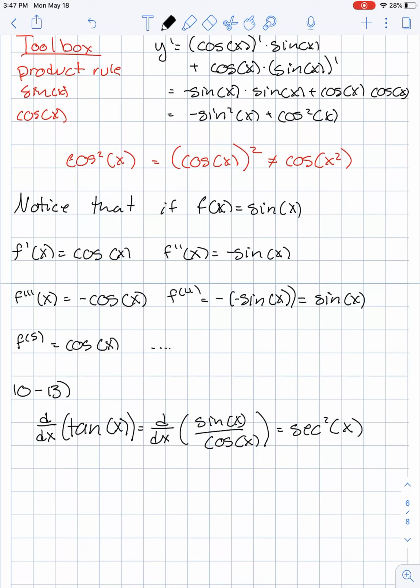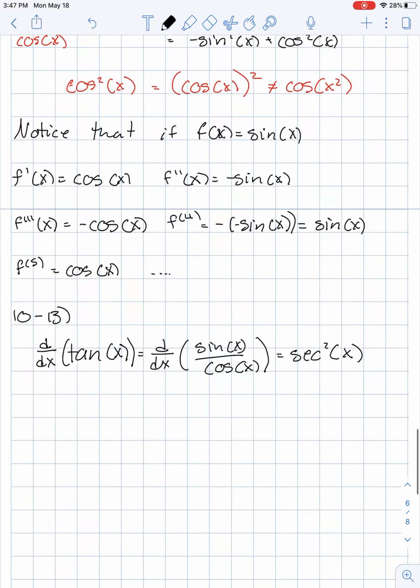That's going to give me secant squared x. If you ever forget tangent's derivative, but you remember sine and cosine's, well, that's sine divided by cosine. I can use quotient rule and those two derivatives to get its derivative. I then will need to simplify a little bit to pull out secant squared.